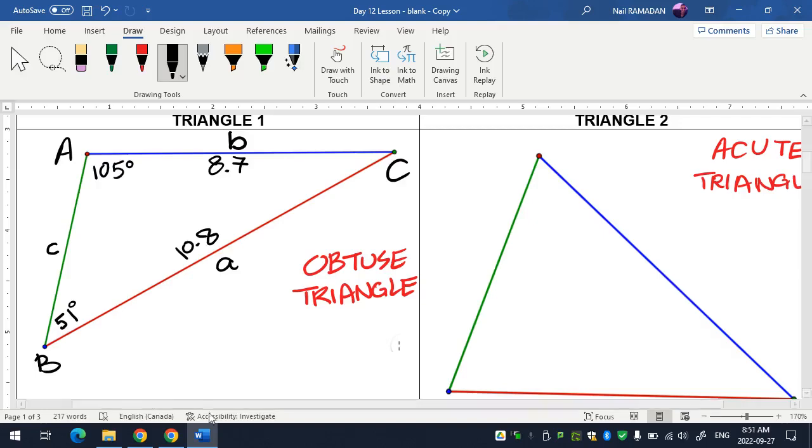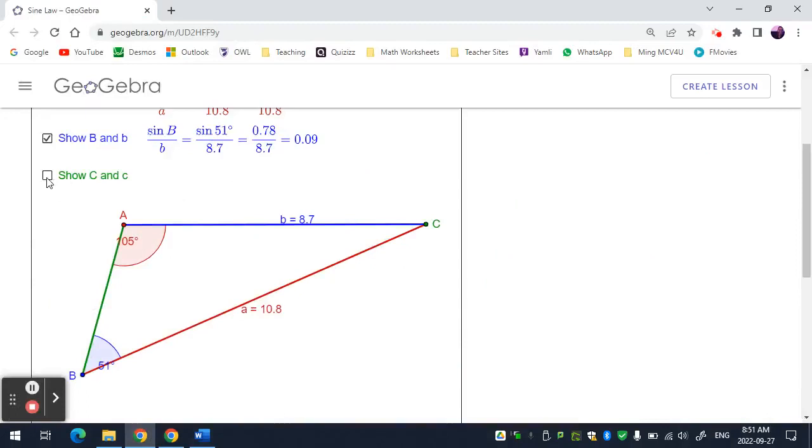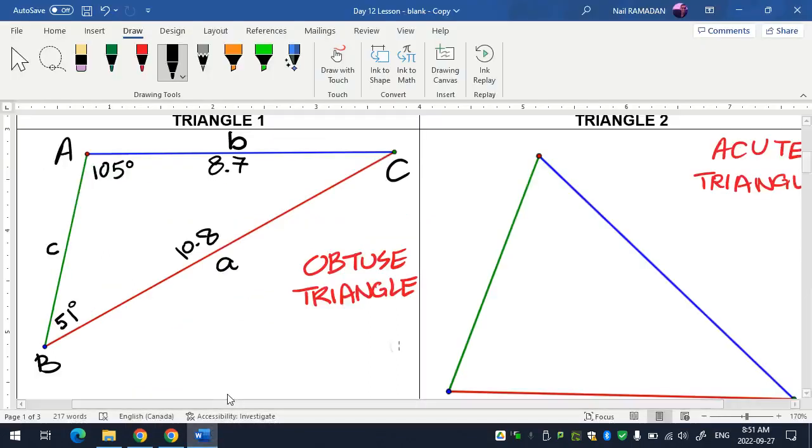Well, let's see if that is actually correct according to this. 3, 2, 1. It's got to be 24. And this one was measured to be 4.5. So this one is 24 degrees, and 4.5.